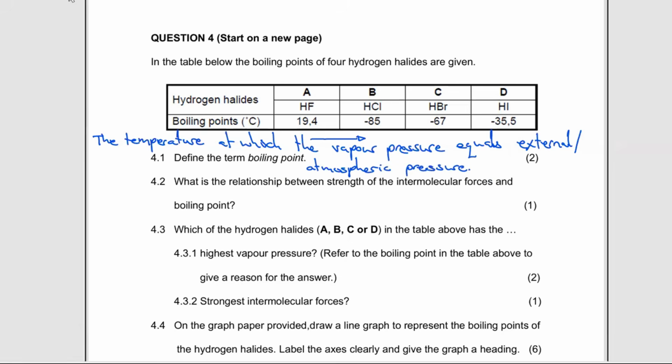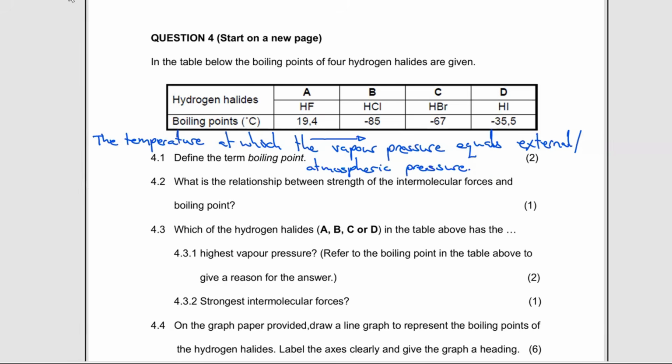And then we've been asked 4.2, what is the relationship between the strength of intermolecular forces and the boiling point, right? If you are increasing the strength of intermolecular forces, the boiling point is going to be higher.